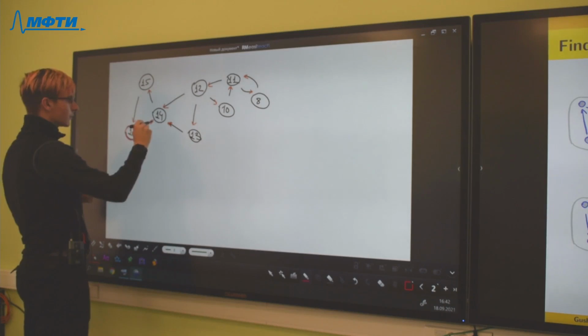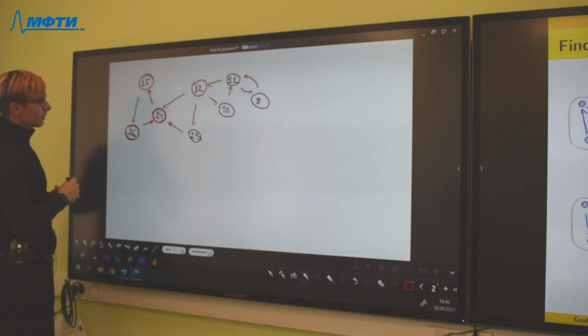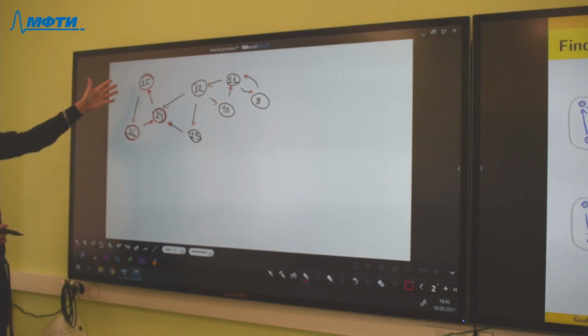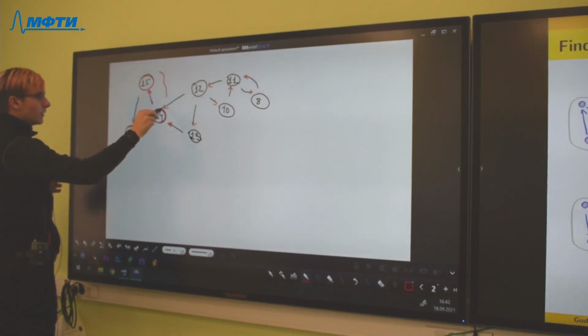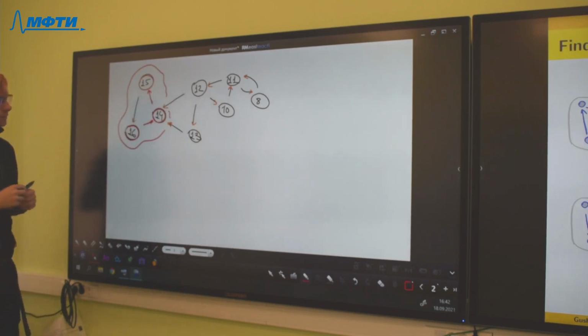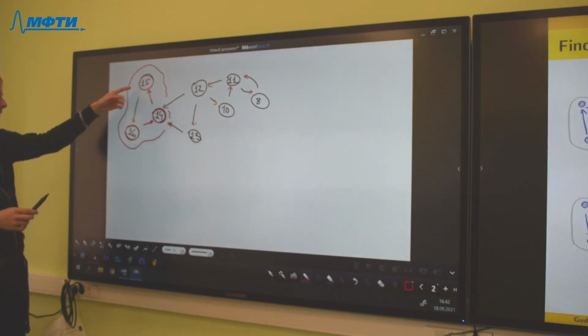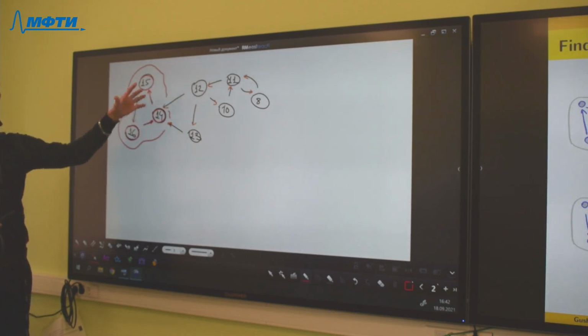And we go to 14, go to 15, and say, oh, there are no adjacent vertices, and this is our first strongly connected component. We can go back and see that there is no adjacent vertex.